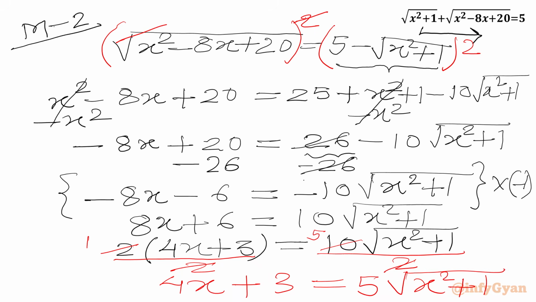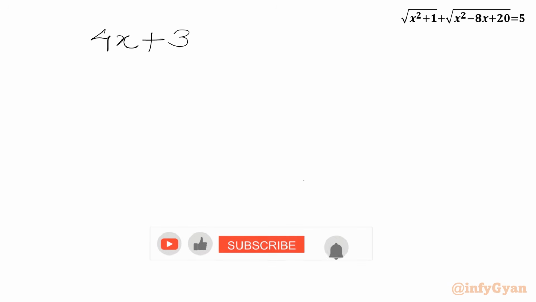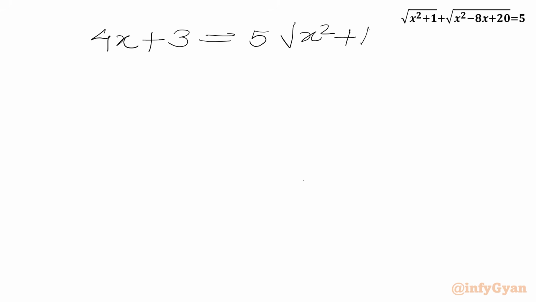Now we have a single square root in RHS. So we can write 4x plus 3 equal to 5 times square root of x square plus 1. We'll be squaring both sides. So power 2, a plus b whole square, a square plus b square plus 2ab.